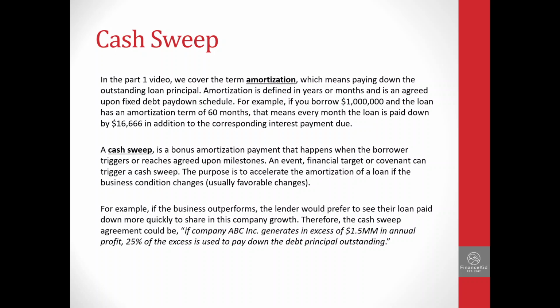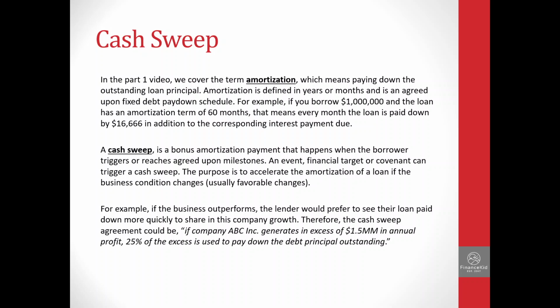So if I borrowed $1 million, and I'm amortizing that loan over 5 years, that means $1 million divided by 5 is $200,000, or in the monthly equivalent, $1 million divided by 5 multiplied by 12 months, or 60 months. So $1 million divided by 60 months is $16,666.